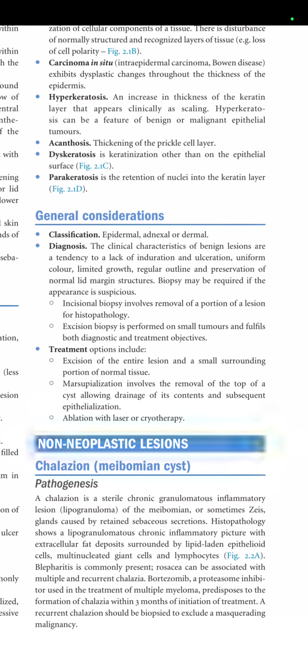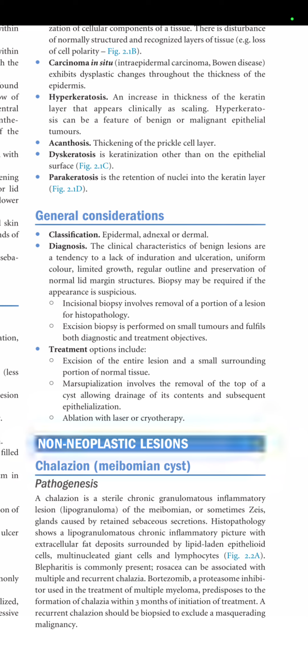Histopathology shows a lipogranulomatous chronic inflammatory picture with extracellular fat deposit surrounded by lipid-laden epithelioid cells, multinucleated giant cells, and lymphocytes. So, what do we have in the biopsy of a chalazion?